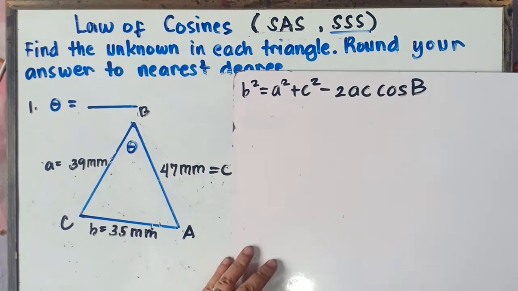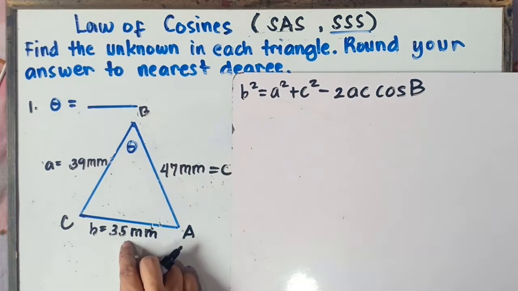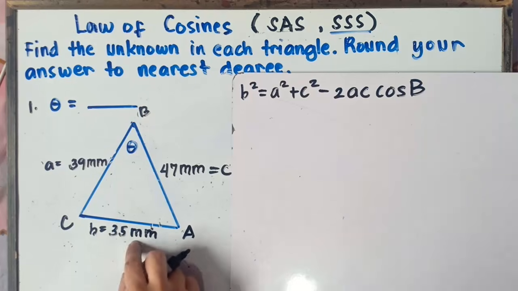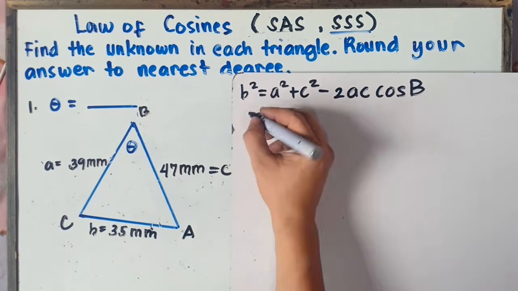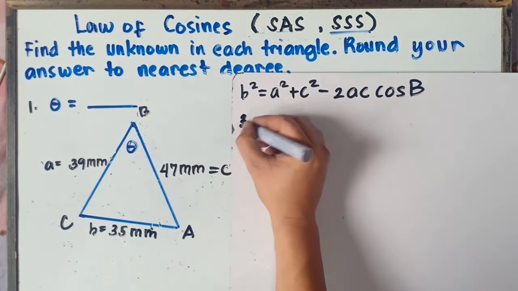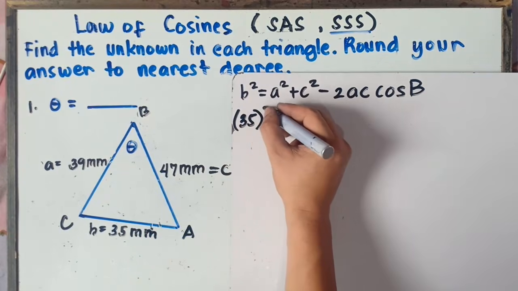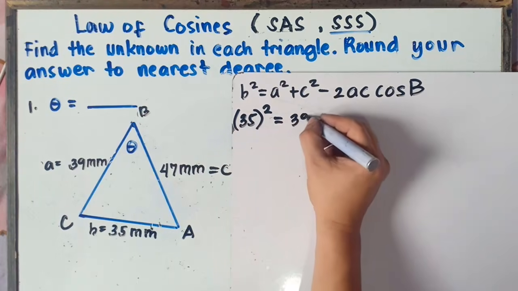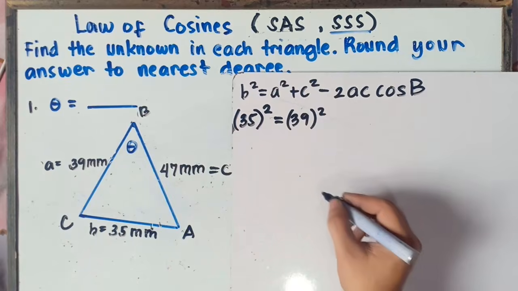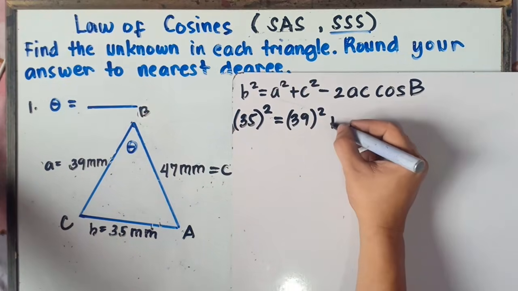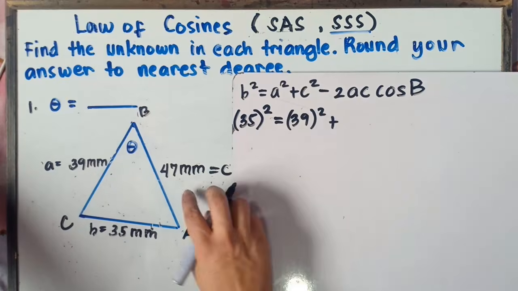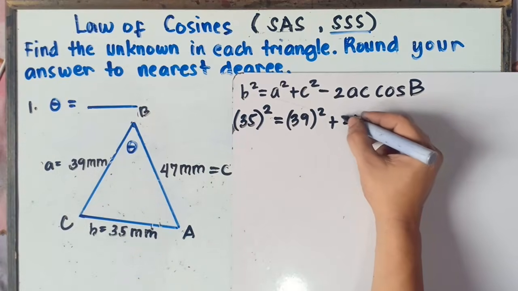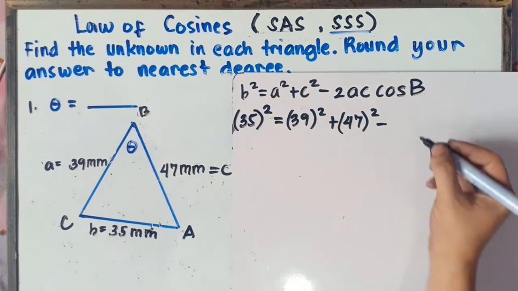Let's do it step by step. The value of B is 35 millimeters. Ignore the units first. Substitute 35 parentheses squared equals the value of A, 39 squared, plus the value of C, 47 squared, minus 2.